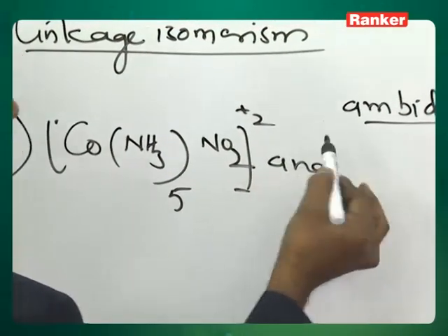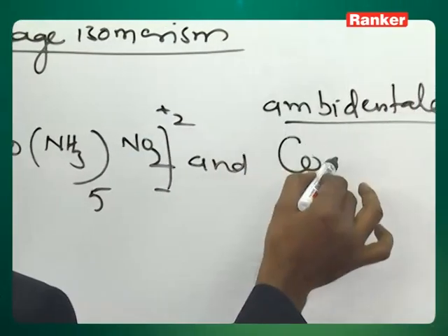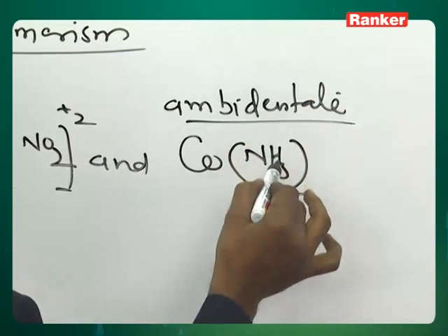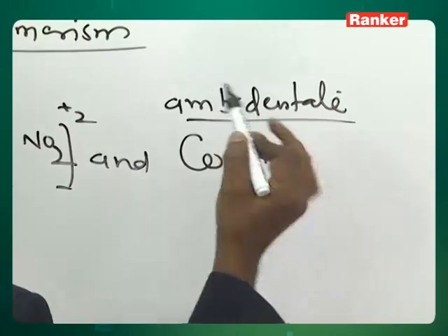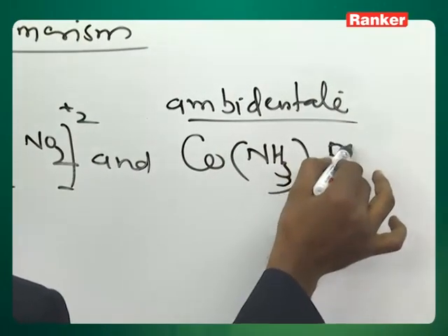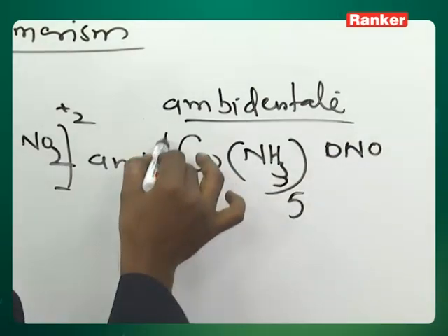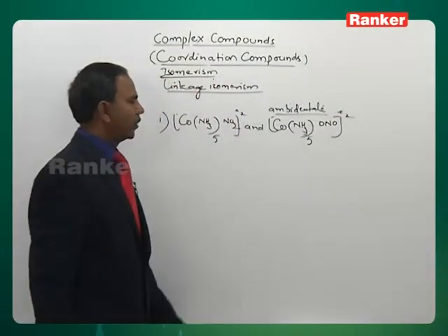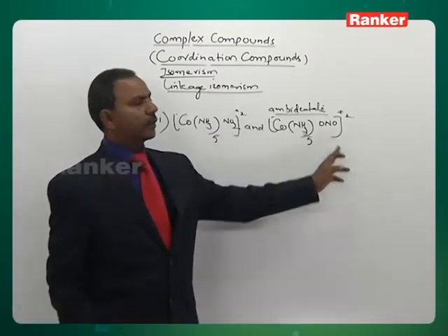And the second one will take the same Co(NH3)5, and let me write ONO, plus 2. See, one is nitro and the other is nitrito.